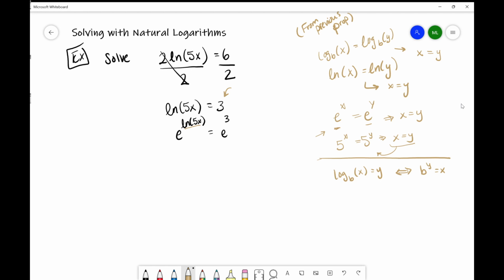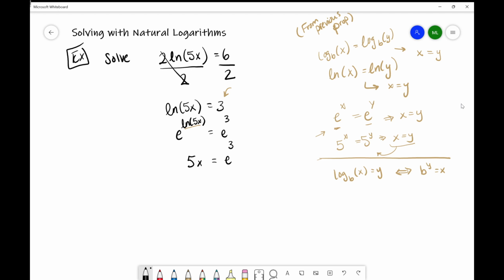So you have e to the power of natural log of 5x, which is e to the power of its own exponent. That means you can just put the 5x itself down here, and then you have 5x is equal to e to the power of 3.